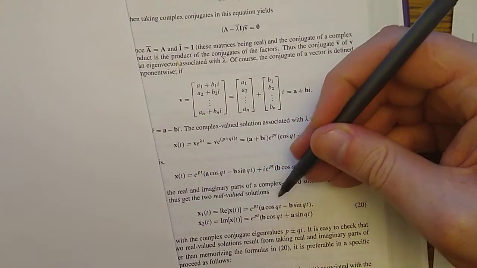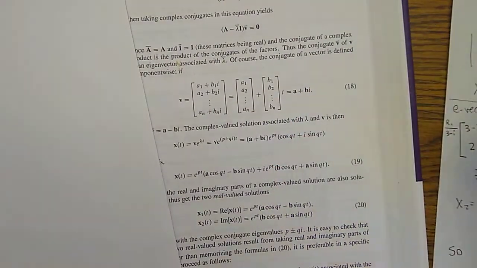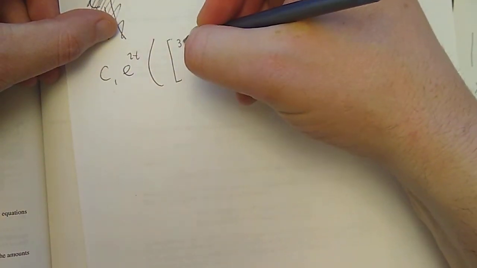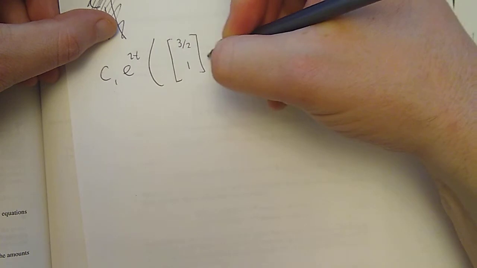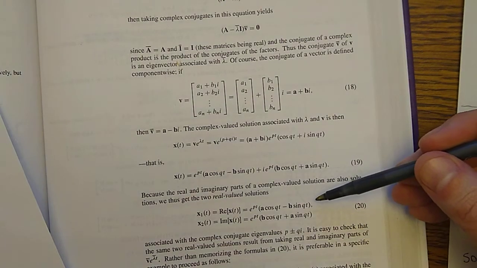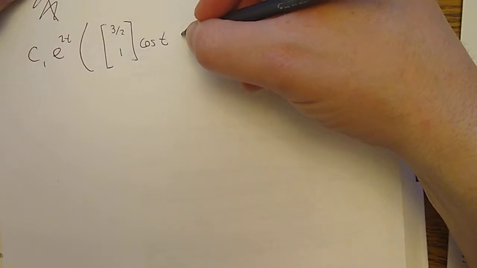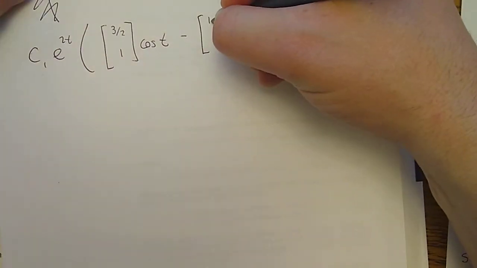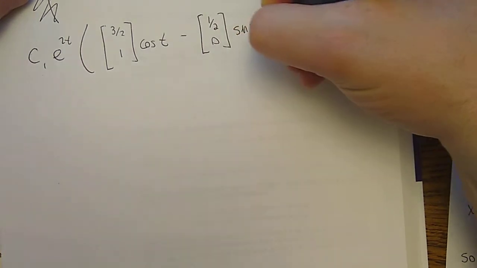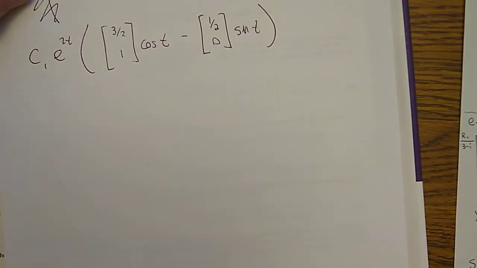So e to the pt, and then it's a cosine qt, so that's (3/2, 1) cosine of qt, q is 1, so that's just cosine of t. Minus b sine qt, and this one was b sine qt.